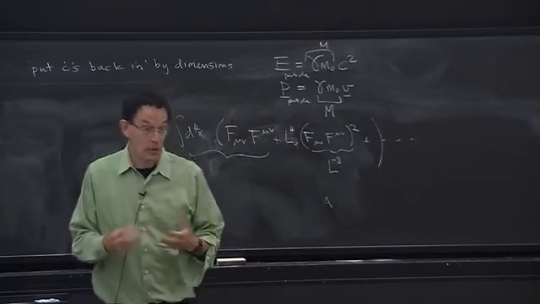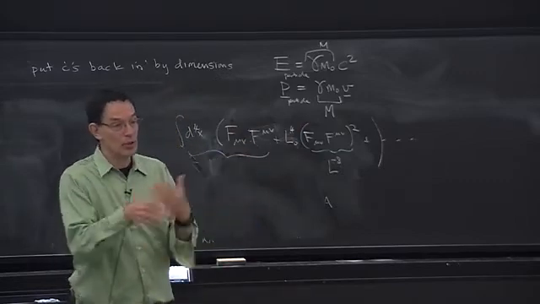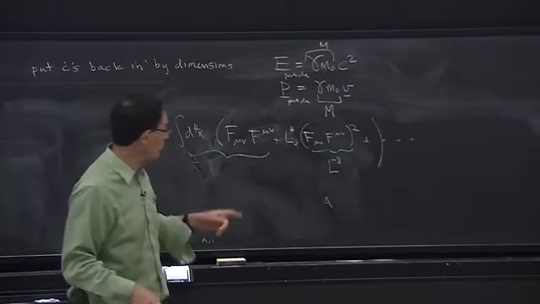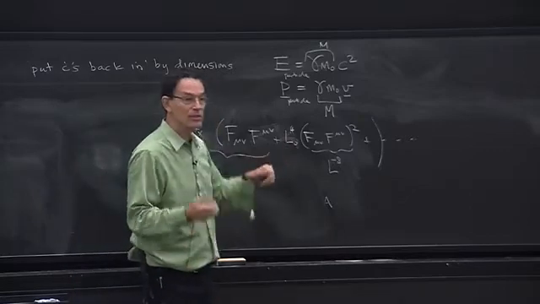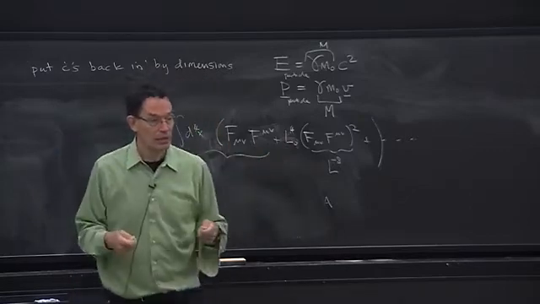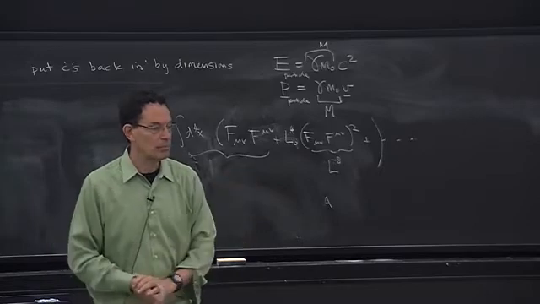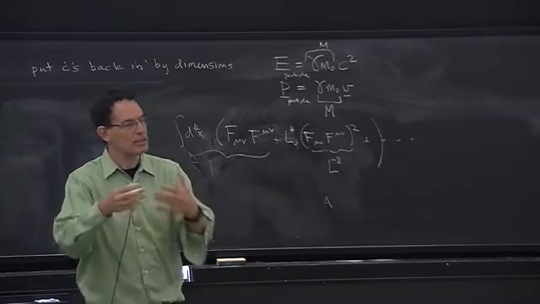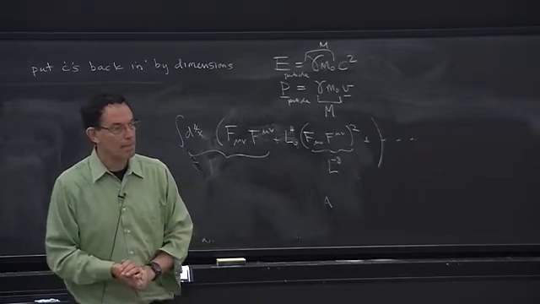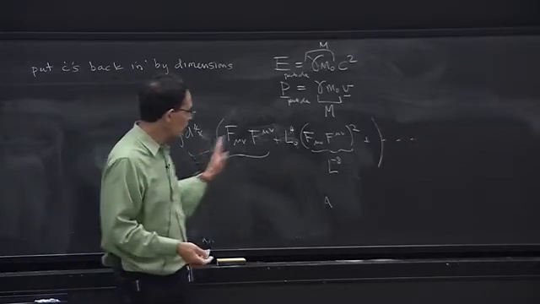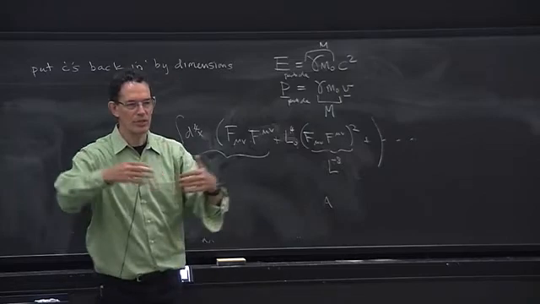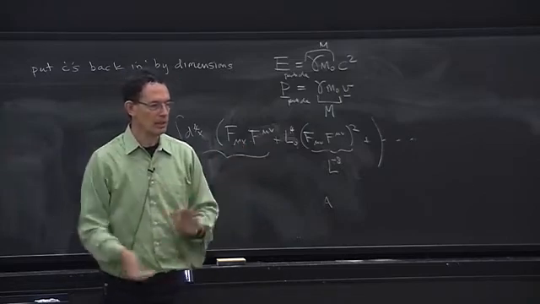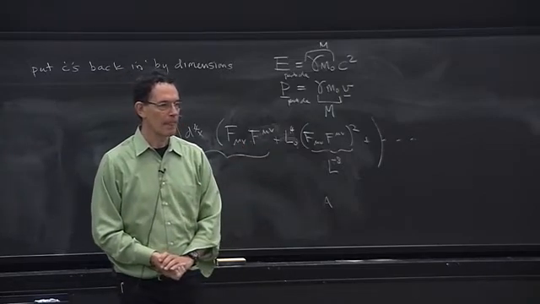And then sometimes you even use these terms to do calculations and you try to fit the coefficients to real data. Okay, that's a perfectly legitimate procedure. But it does introduce new parameters. And it does rely on this idea that the Lagrangian should just be a polynomial in the fields.